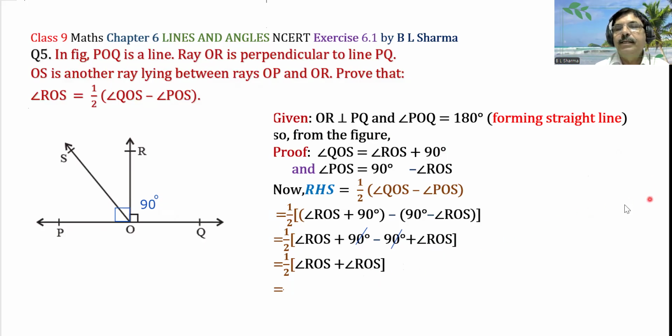दोनों को ऐड कर दीजिए. Half as it is, angle ROS plus angle ROS, that is twice of angle ROS. And now this 2 and this 2 cancel, 2 ones are 2. So what is left? Angle ROS.